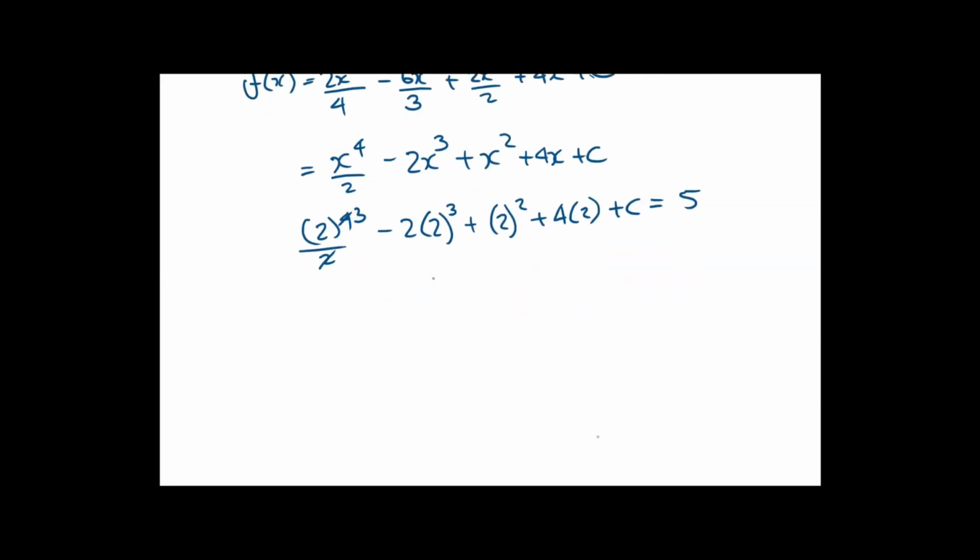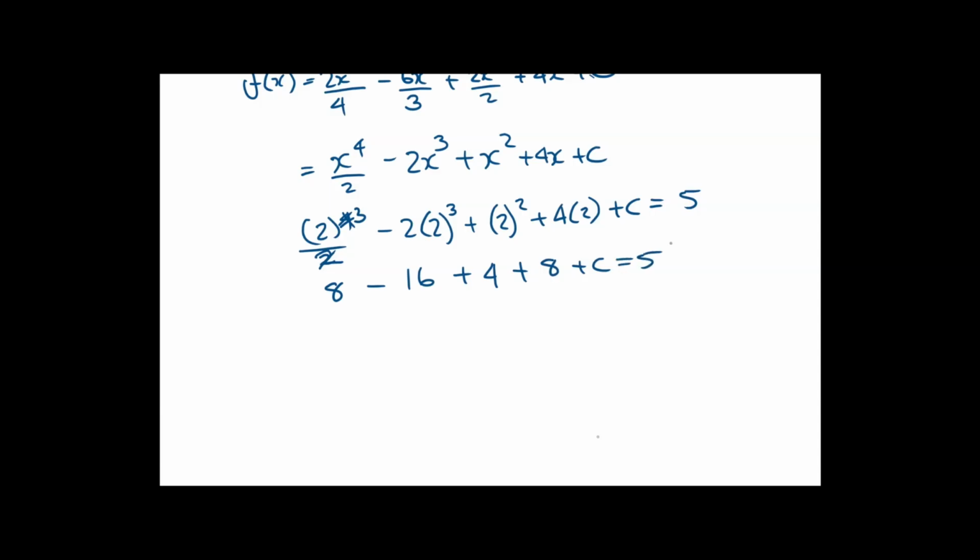So 2 cubed is 8, and 2 to the power of 4 over 2 is 8, yes. So this is going to be 8 minus 2 times 8, which is 16, plus 4, plus 8, plus c equals 5.